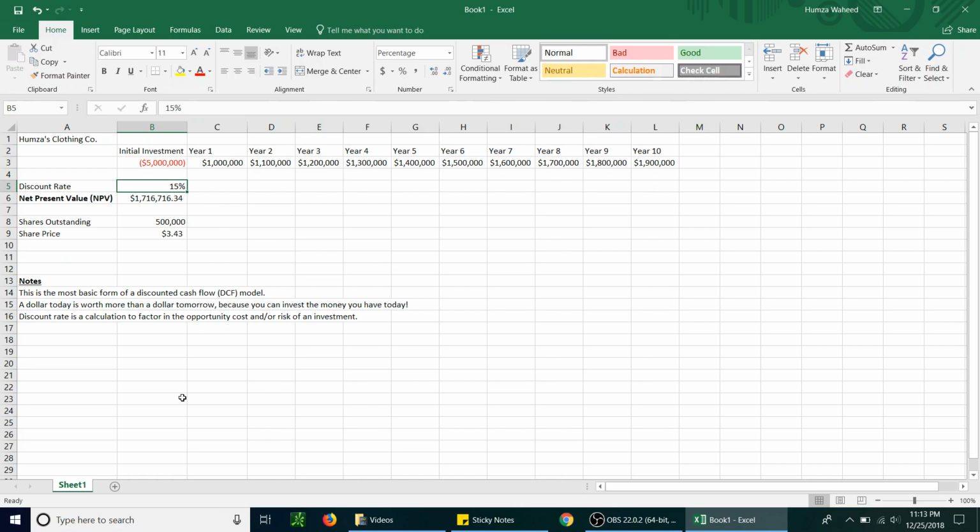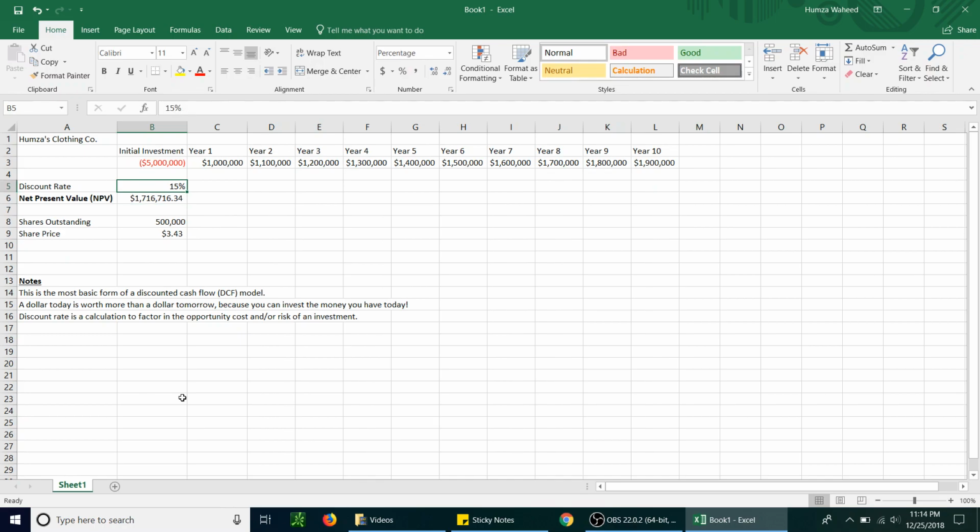It depends, and that is the difficulty of building out a discounted cash flow model, and why so many investors can disagree on the actual value of a business, because one main factor is going to be the growth rate of your future assumed cash flows, and another factor will be that assumed discount rate.